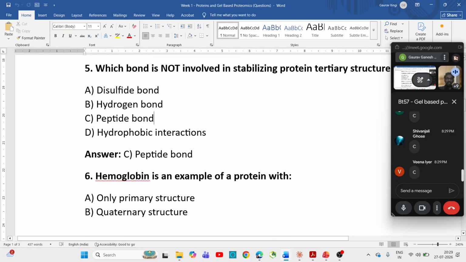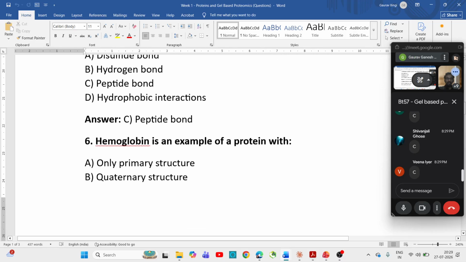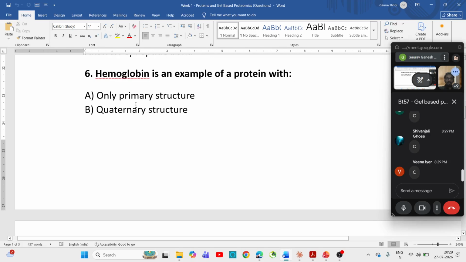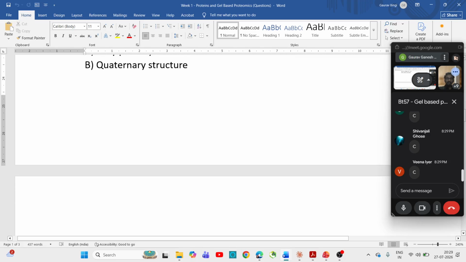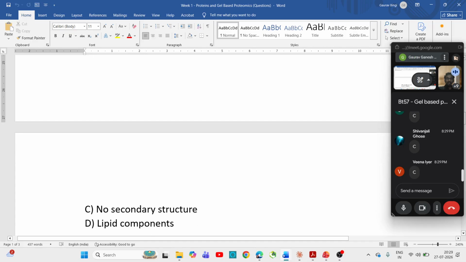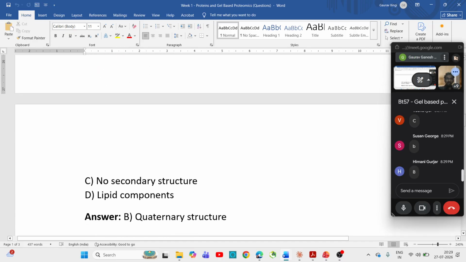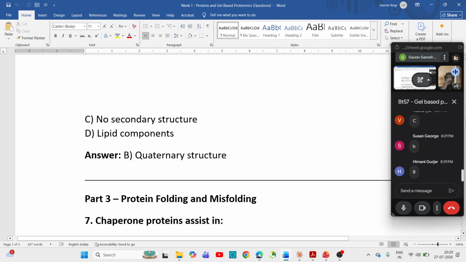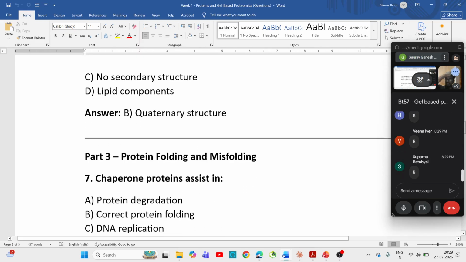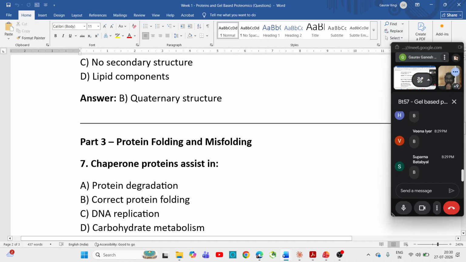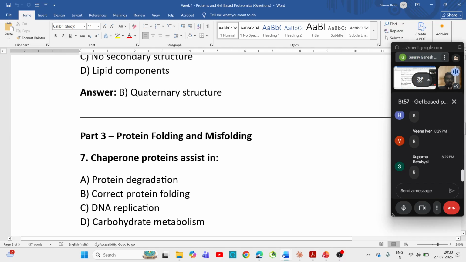So hemoglobin is an example of a protein with only primary structure, or quaternary structure. So remember these options: no secondary structure or lipid components. It's about a quaternary structure because it has four polypeptide chains. Seventh one, chaperone proteins.